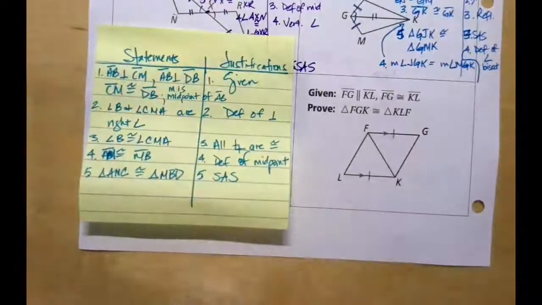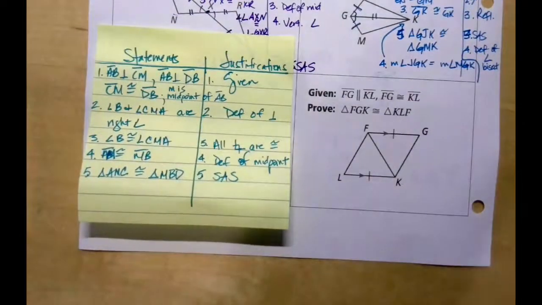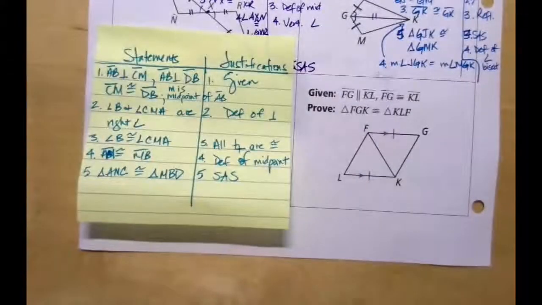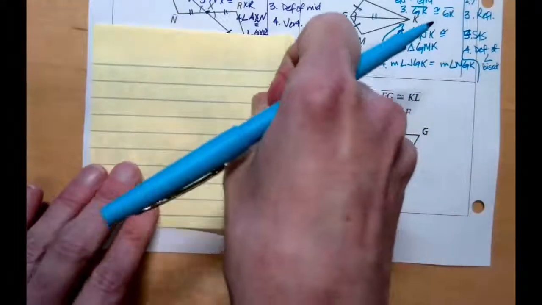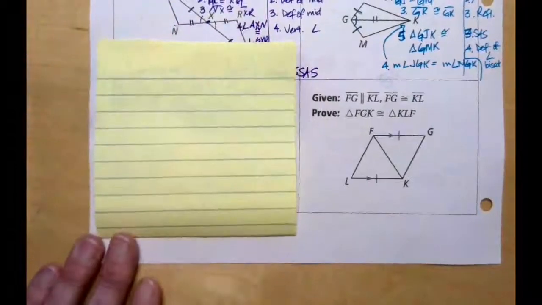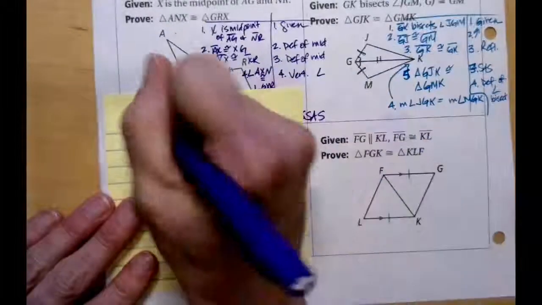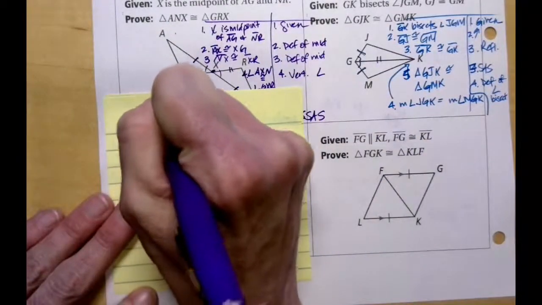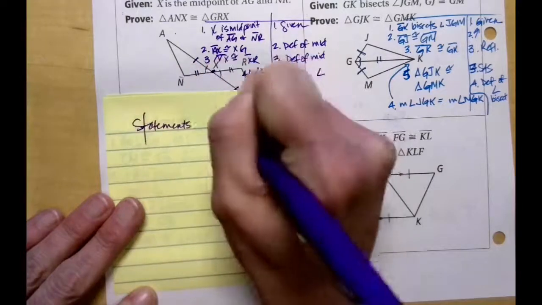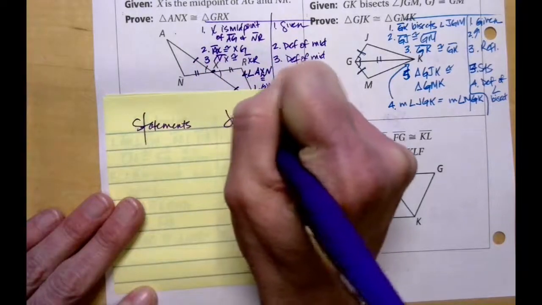Now we have one more proof to do. You ready? We'll put a new Post-it note over it. And we'll have our statements and our justifications.